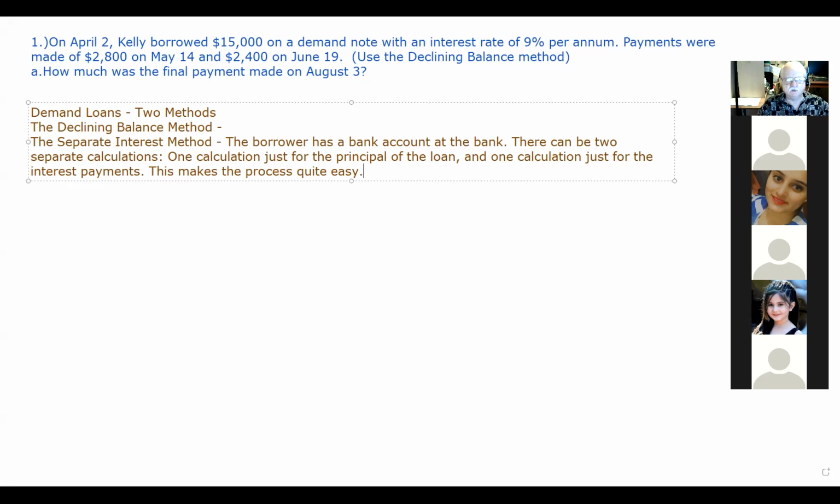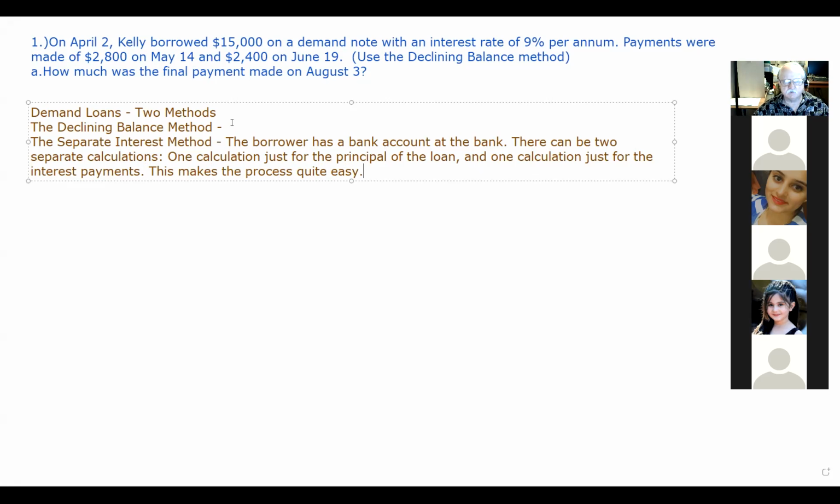So when we're dealing with this separate interest method, and we'll take a look at an example, because they can separate the two calculations, it makes the process quite easy.